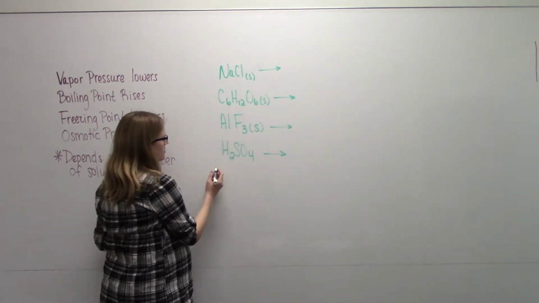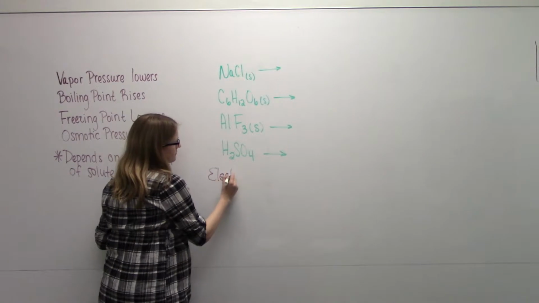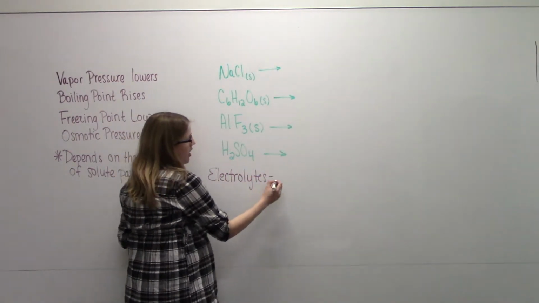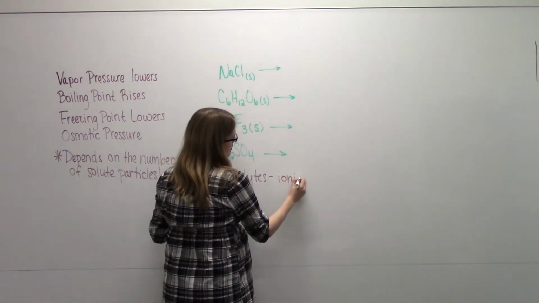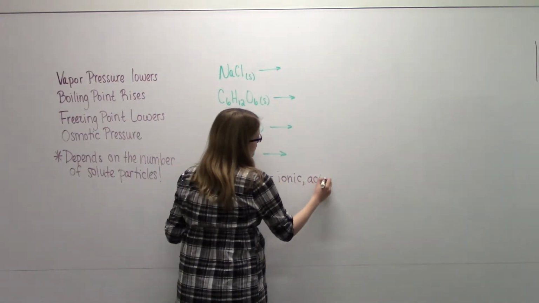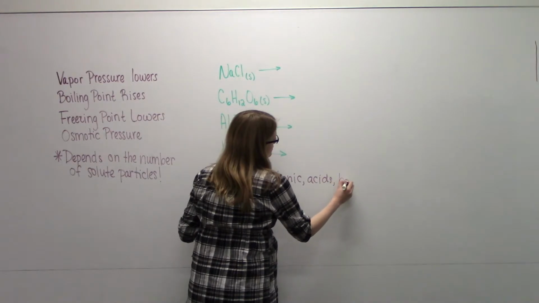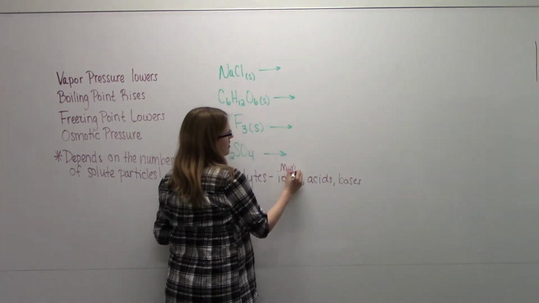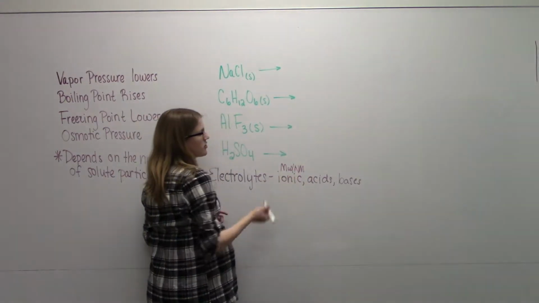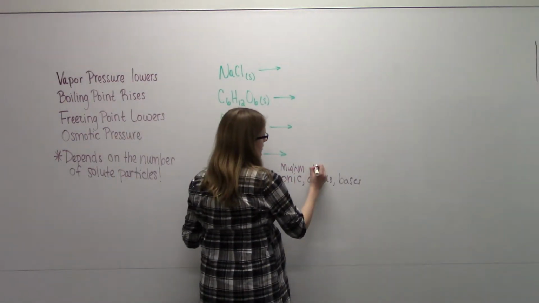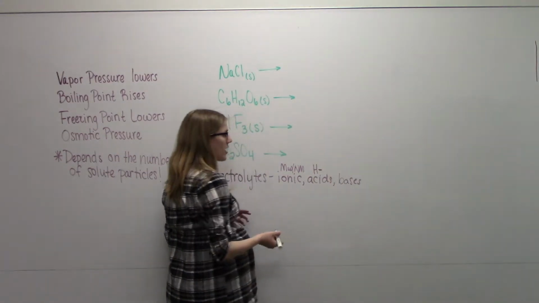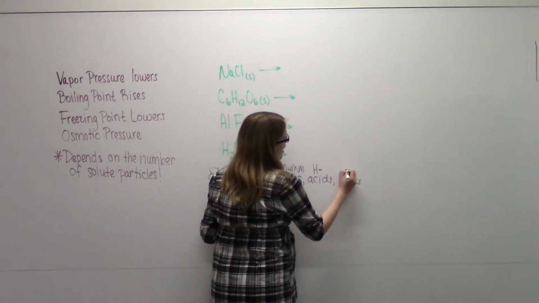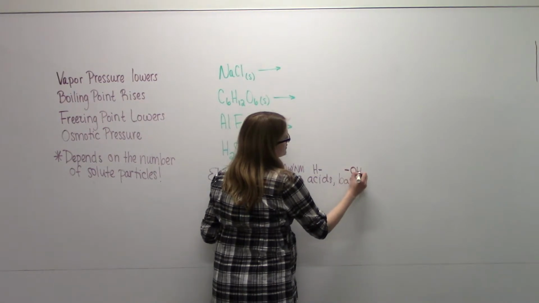Remember, electrolytes are ionic, acids, and bases. Ionic is a metal with a nonmetal. That's a very basic definition with exceptions. Acids are things that start with H. Again, it's a more basic definition, but it'll work. And bases are things that end in OH.